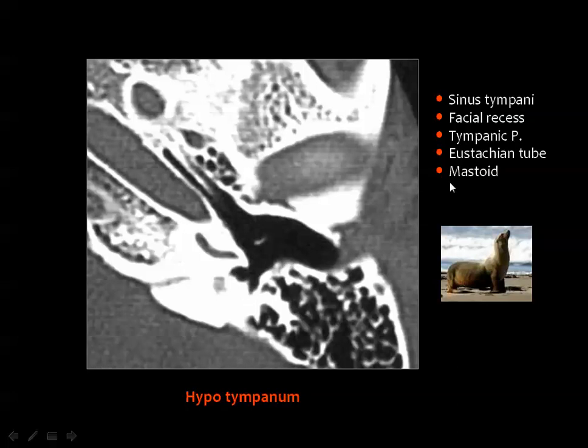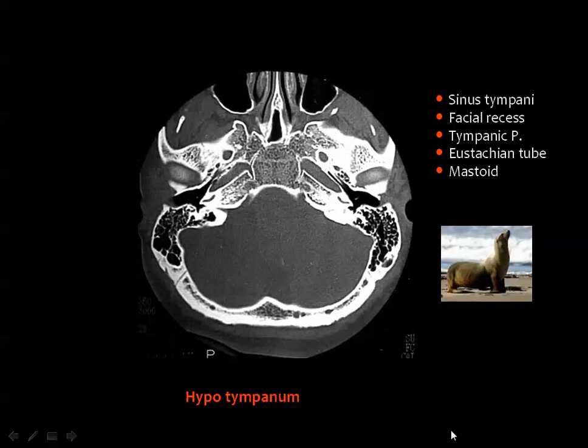This elevation is known as the tympanic pyramid, and the anterior depression is known as the sinus tympani, while the posterior one is known as the facial recess. The sinus tympani is the site for sinus cholesteatoma, and the facial recess is the site where the facial nerve goes through the petrous bone to exit through the stylomastoid foramen, as I will mention in a moment.